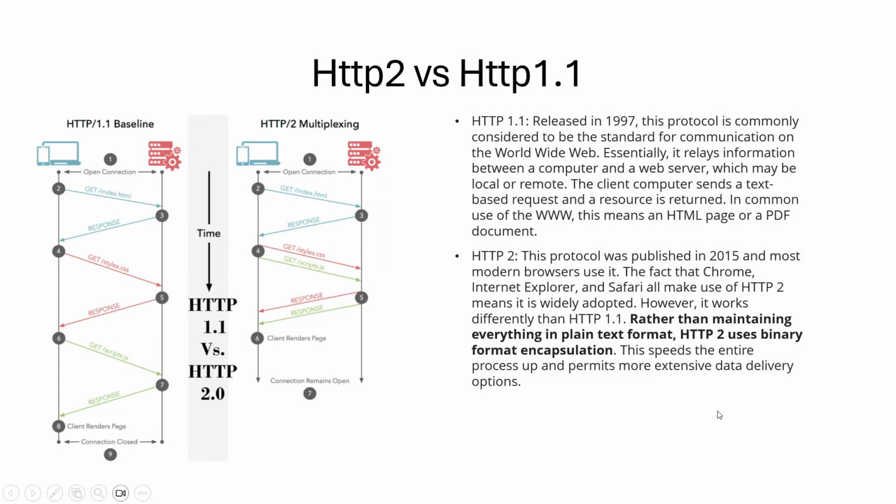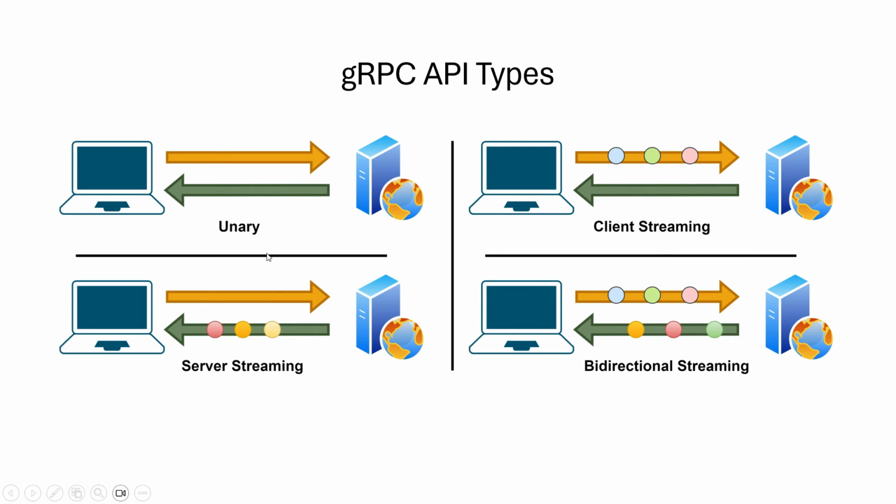Let's move ahead to the gRPC types. The first one is unary, where the client will request and the server will respond back, just like REST APIs have request and response. The second one is client streaming, where the client will keep on streaming the requests, and once it sends a complete signal, the server will respond back.